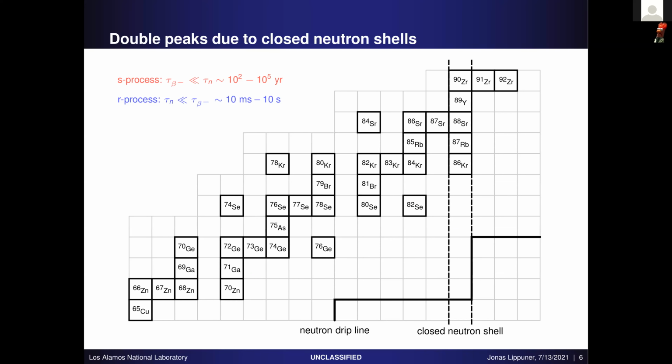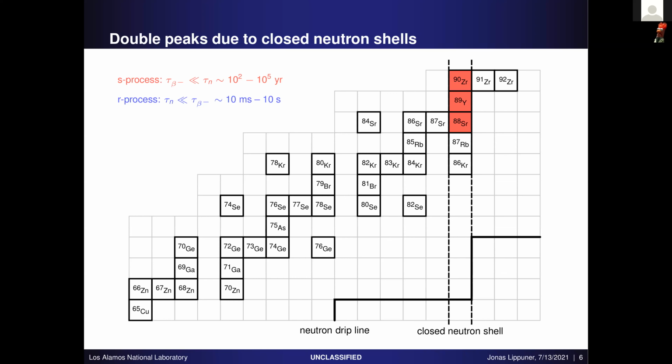All right, let's briefly talk about that closed neutron shell again, because it produces a very important feature in that abundance plot that I showed you. As I mentioned, the neutron capture cross-section drops when we hit these magic numbers of neutrons. So we get a pileup of material where the closed shell intersects with the path of the neutron capture process.